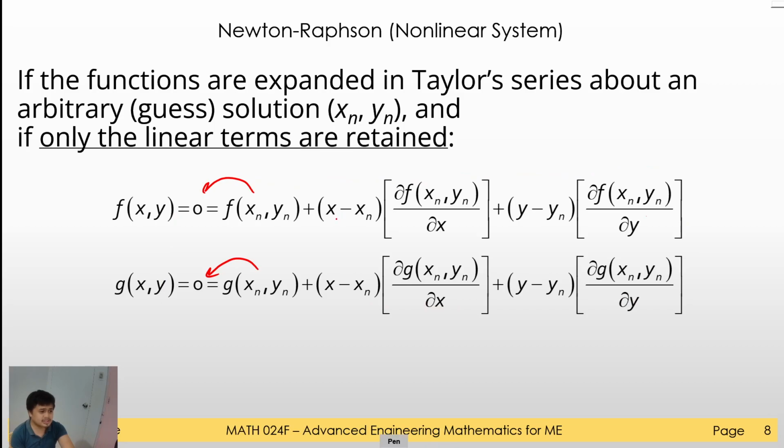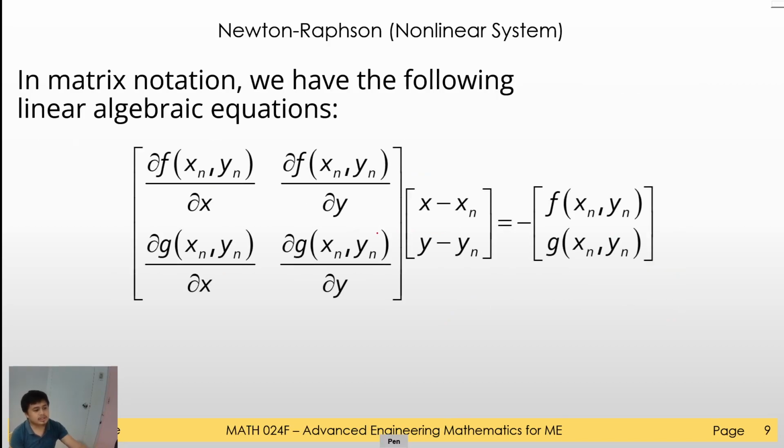This looks similar to what we do in linear algebra, wherein this is the first unknown, and as you can imagine, this is the second unknown, and the derivatives here are the coefficient matrix. If we simplify this, we have it in this form.